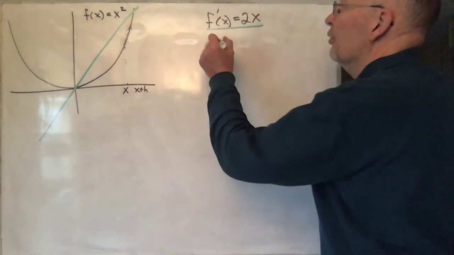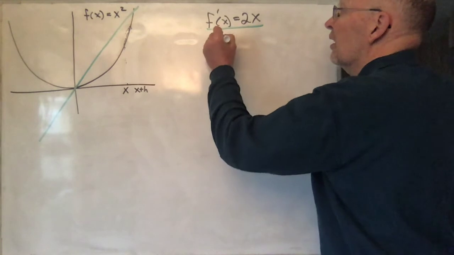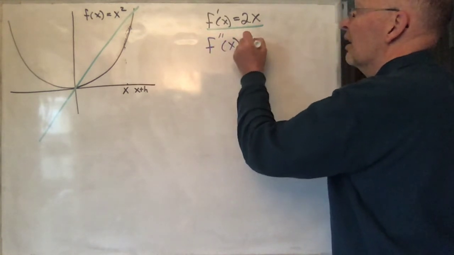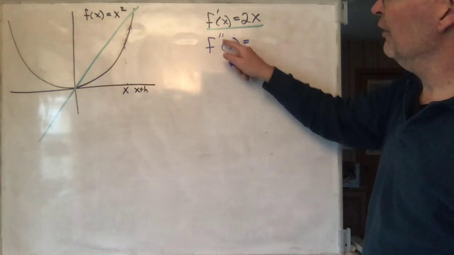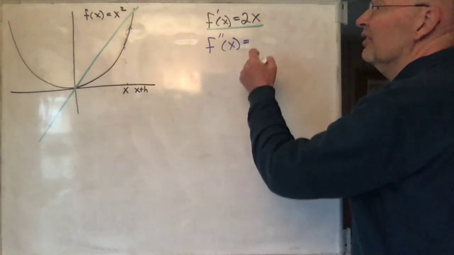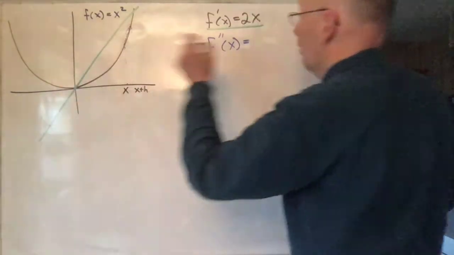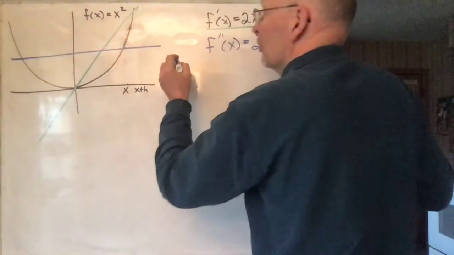How do we express the derivative of the derivative? That's 2 primes there. The derivative of the derivative is, in this case, what do we say? The slope at every point there is 2, which looks like this.